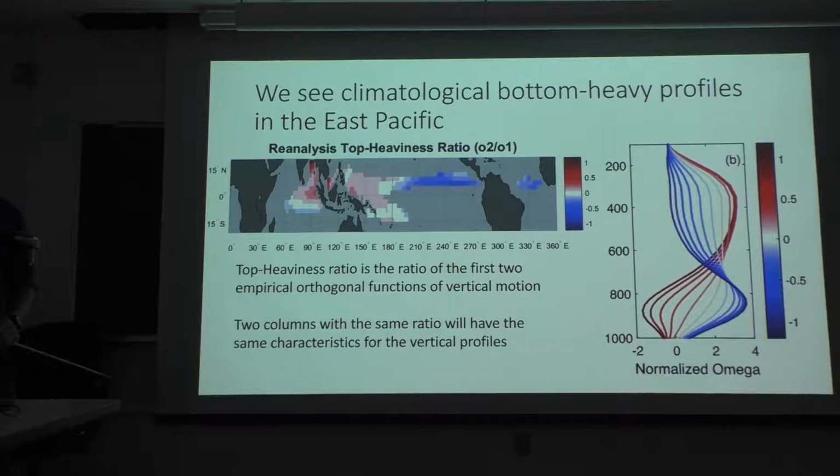There's some change, but it's pretty consistent. This signal is very robust.